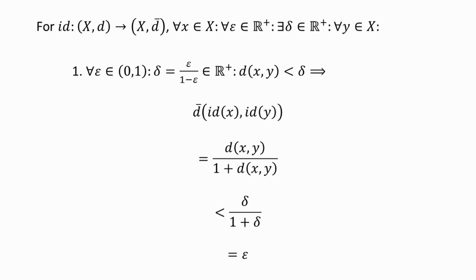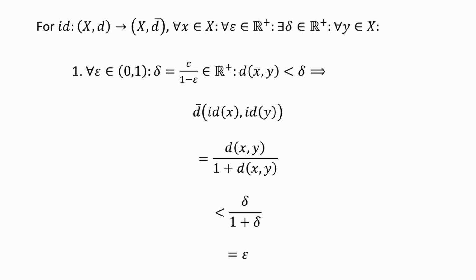Now applying the equation of delta equals epsilon over 1 minus epsilon with a little bit of basic arithmetic and simplification, then you'll get the final expression epsilon. And thus we show that d bar of the identity of x and the identity of y is smaller than epsilon. But this is not the whole story, because we only cover from 0, not including 0, to 1, not including 1.